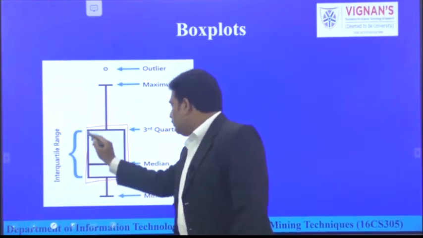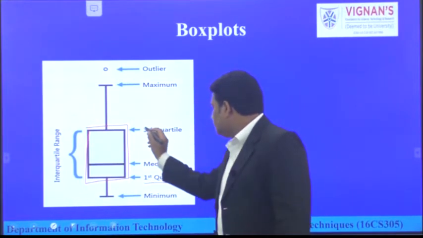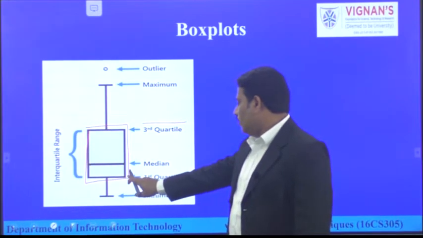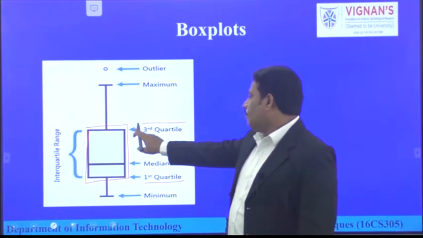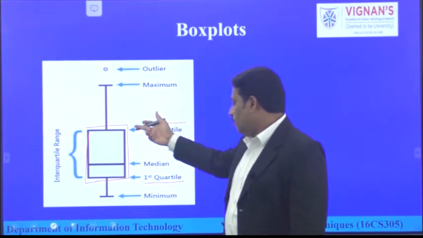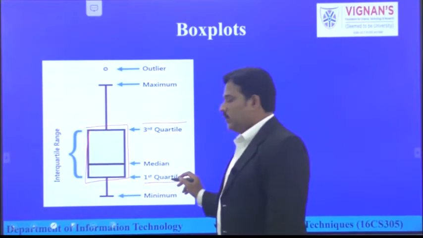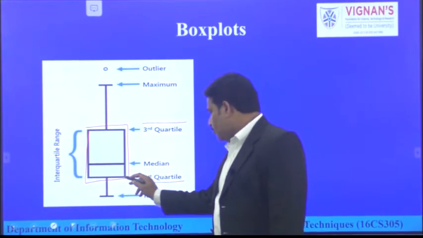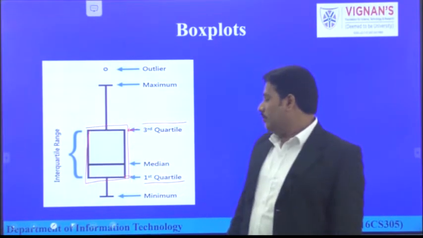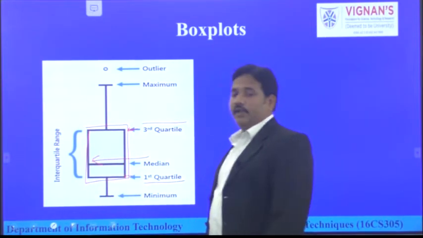The borders of the box are the quartiles. If we take this border as Q1, then the upper border is Q3, or we can take the reverse order. Let us assume we took Q1 as the first border and Q3 as the second border. In between these two we place the median.